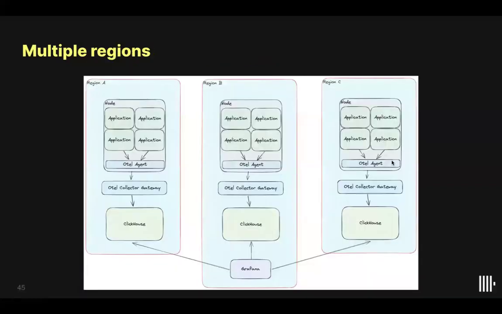And then we scale it up again because we have multiple regions. So now we run on infrastructure in multiple regions, and we don't want to transfer a huge amount of raw unprocessed data across the regions because it's pricey. And well, let's be fair, this telemetry and these logs are mostly only needed when incidents happen.